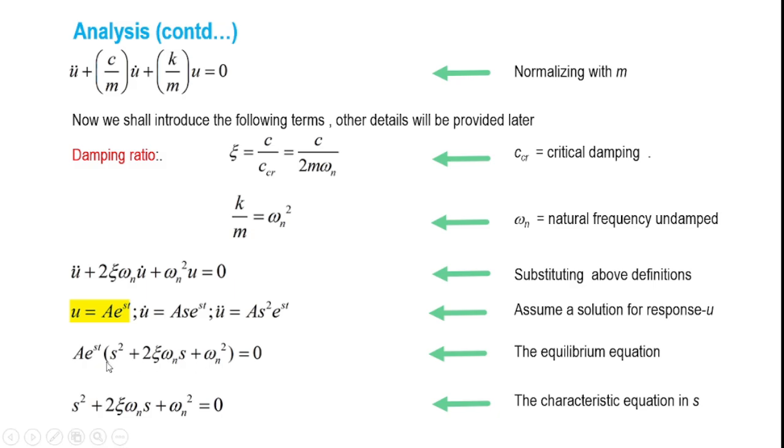Obviously, we know that A e raised to st can be 0, or s square plus 2 zeta omega n s plus omega n square equal to 0. But the relevant solution will exist for the characteristic equation in s, which is nothing but s square plus 2 zeta omega n s plus omega n square equal to 0. Here we find that the characteristic equation in s is quadratic, and accordingly its roots can be easily obtained.